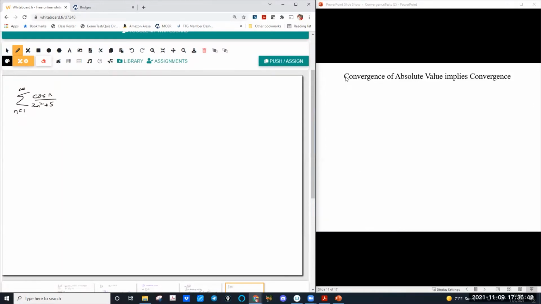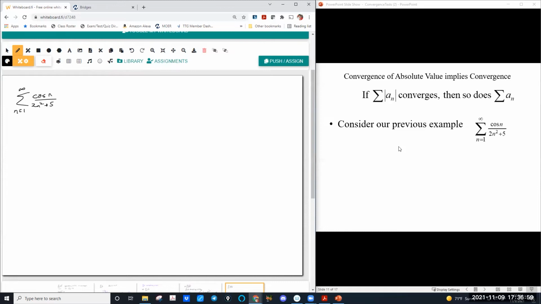So here's what we're going to use. Convergence of absolute value implies convergence. So if we can show that the absolute value of a series converges, then so does the series. So we're looking at this guy. We want to look at the absolute value.